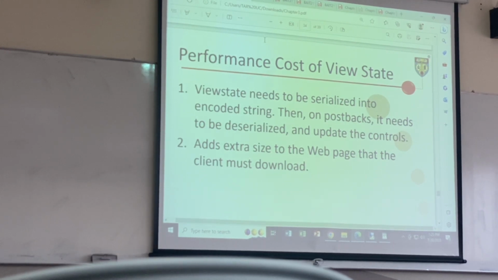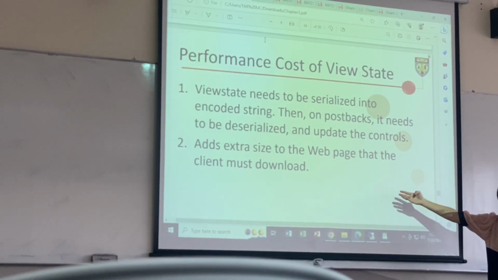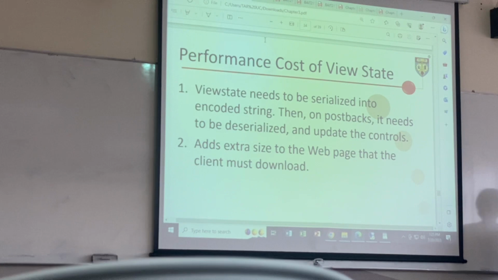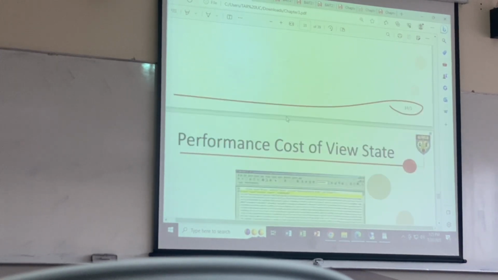It needs to be serialized into an encoded string, and then on postback, it needs to be deserialized and update the control. So it will take resources to process, and it will need extra size to keep it. So there are performance costs of the view state.